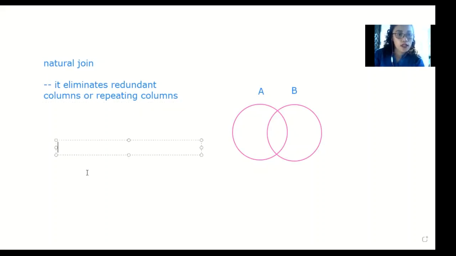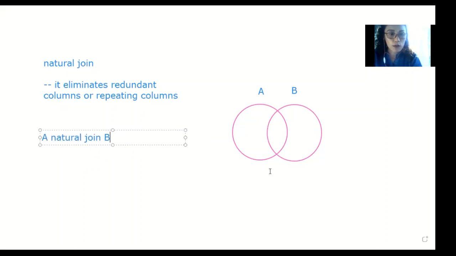So we can have here A natural join B. What will be your resulting table when you have A natural join B?